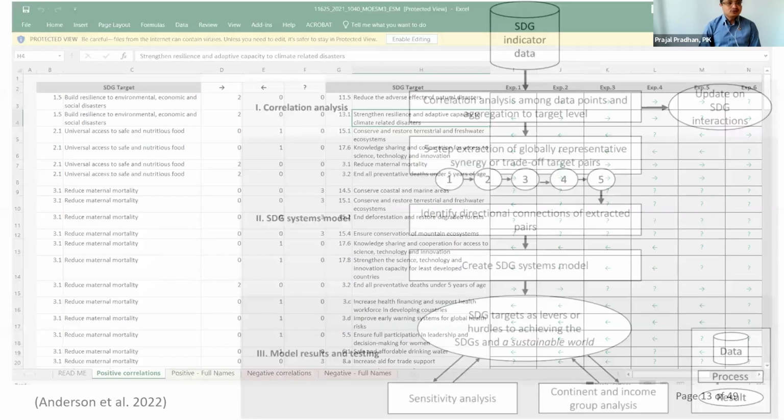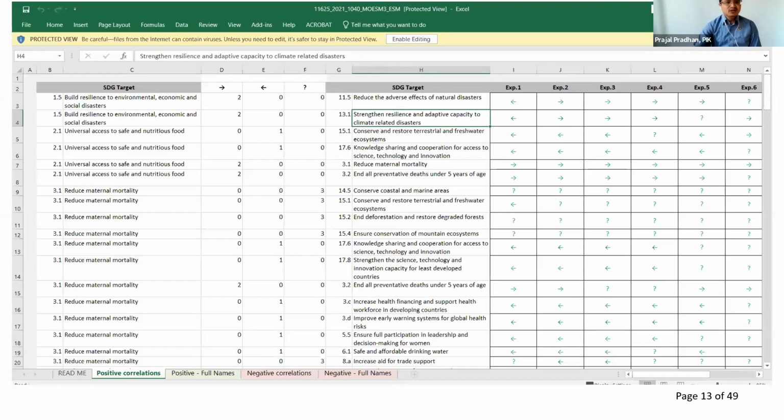And here how we did it is that we extracted, let's say, the positive correlations, yeah, and we put them in an Excel sheet, and then asked experts.